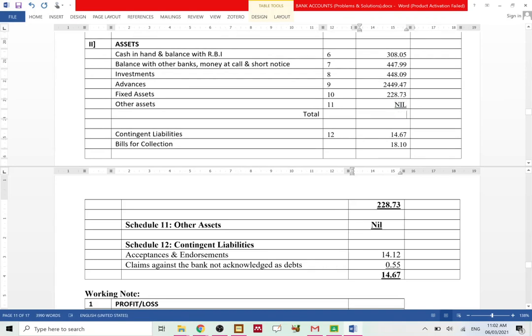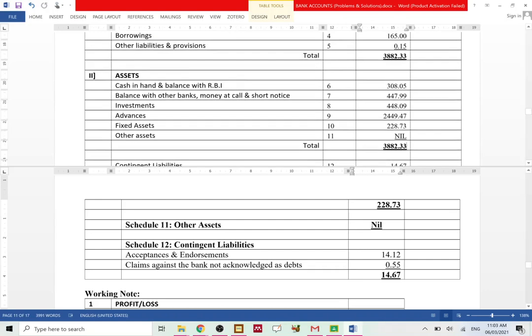So again 308, all of these amounts add up to 3,882.33. Of course, I'm not doing the actual calculations on the screen, but you can always cross check, verify, do it along with me and see whether these totals are correct or not.